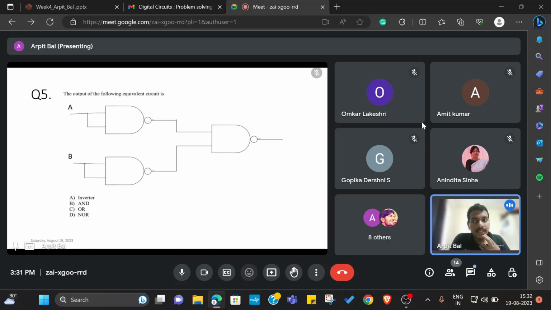So similarly, I'll request everyone to try this one out and let me know what is the answer. Okay, so you can treat it as a black box.